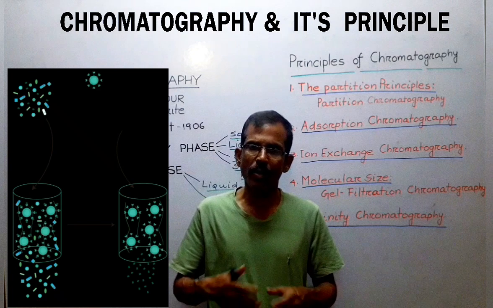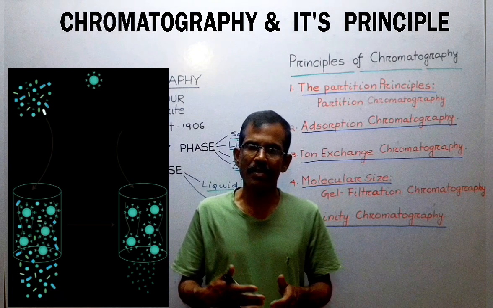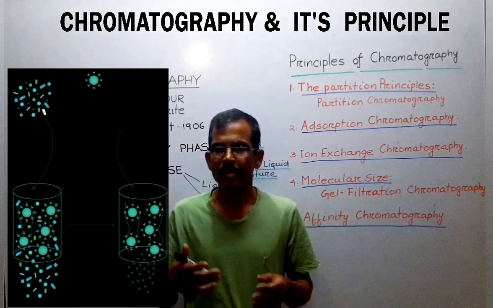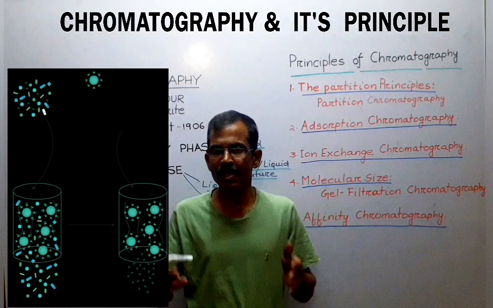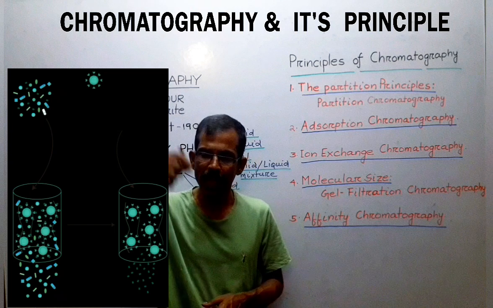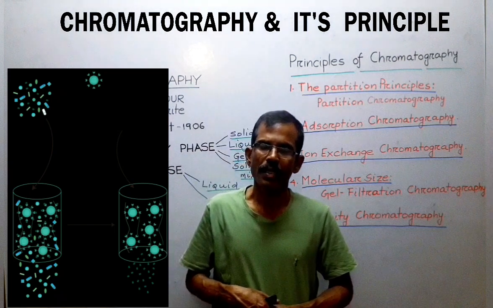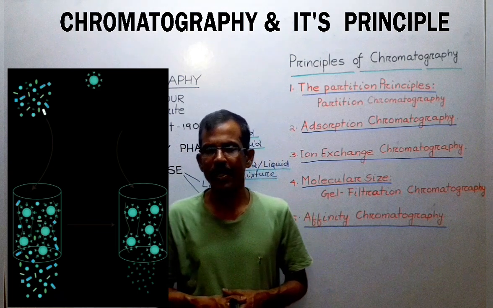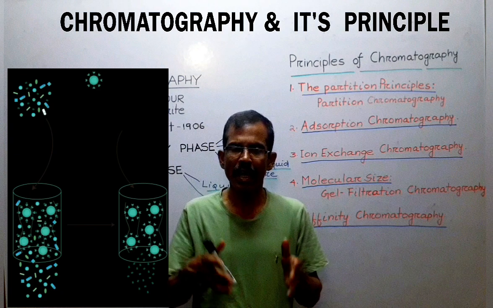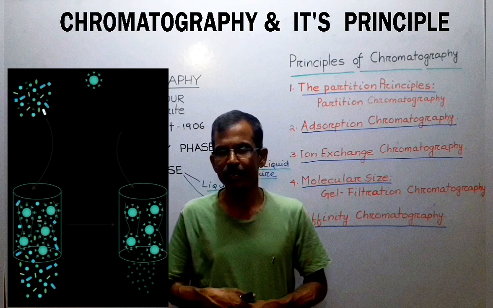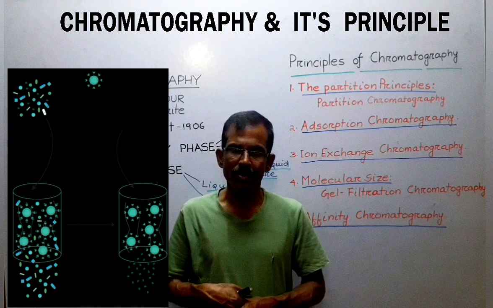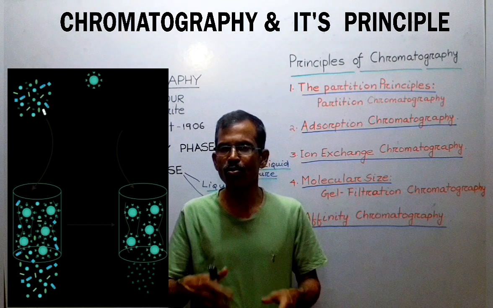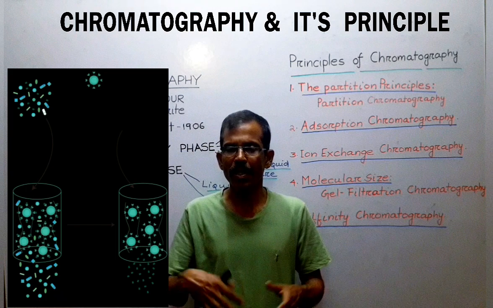For example, when the gel matrix is coupled with the substrate analog and when the cellular suspension containing the enzyme is allowed to percolate through, then the enzyme will bind with the substrate analog. As a result, they will be retarded, whereas the other components which do not interact with the substrate analog will move faster and they will be eluted out.